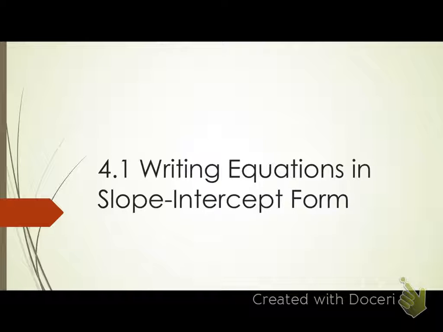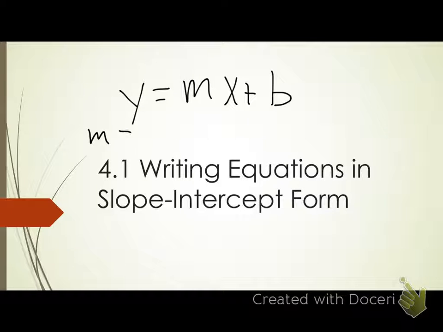So now we're jumping into chapter 4, 4.1, writing equations in slope-intercept form. Raise your hand if you can remind me what slope-intercept form is. What does my M represent?